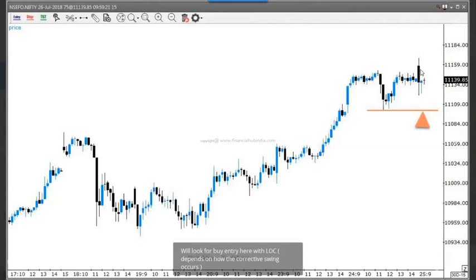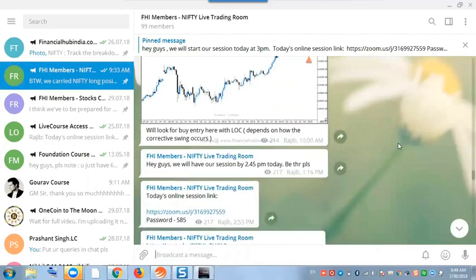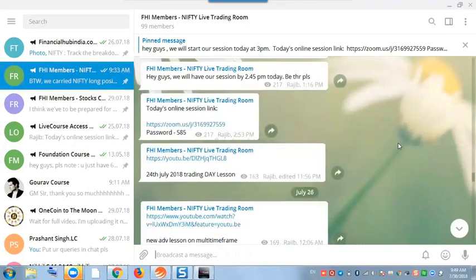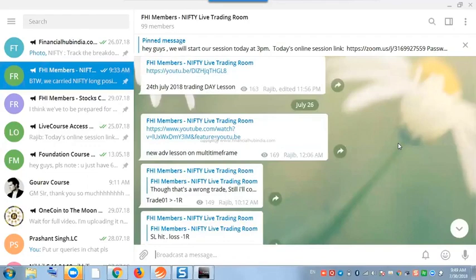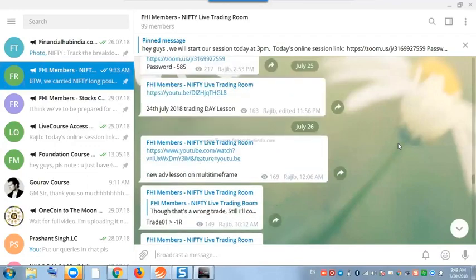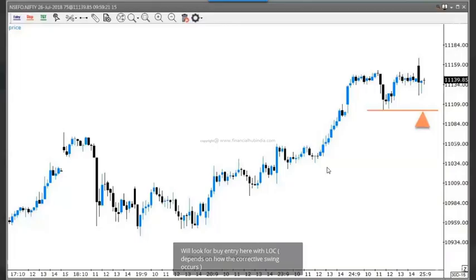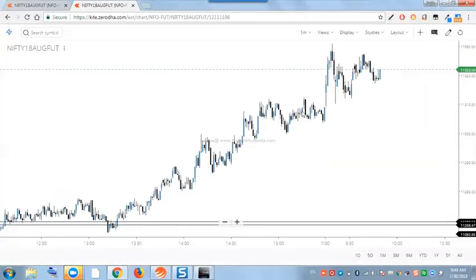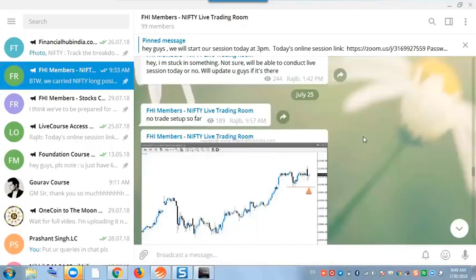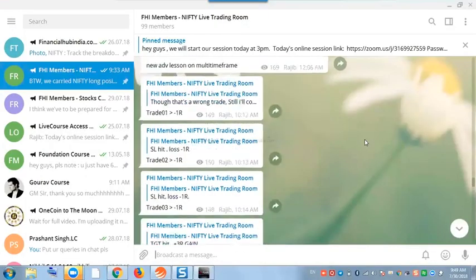So we were planning to buy it here, but I think the price didn't come down over there. So it was not over there, and the trade didn't initiate. Okay, you won't see the chart because the expiry is over.